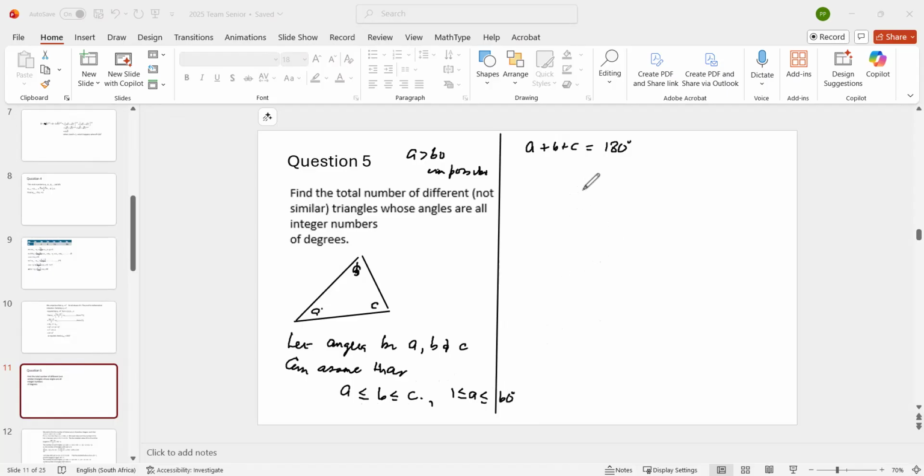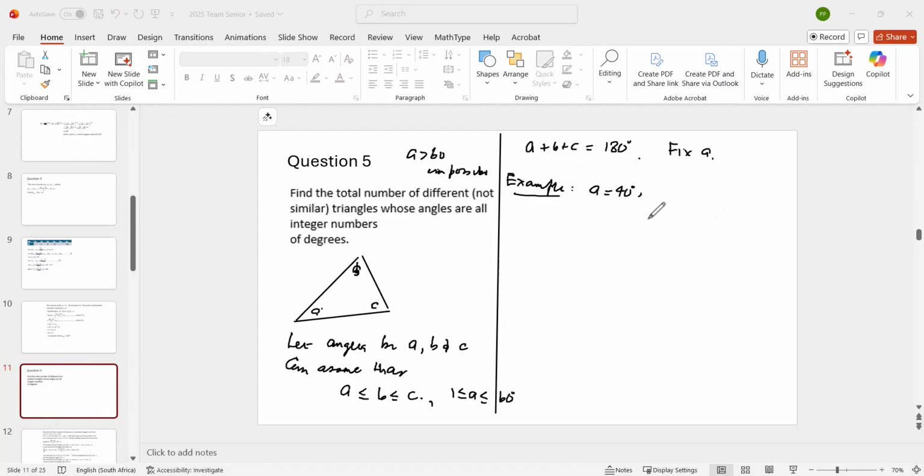Okay. Now I'm going to fix a. To understand the problem, I'm going to actually count for, say, an example. Make a equal to say 40 degrees.